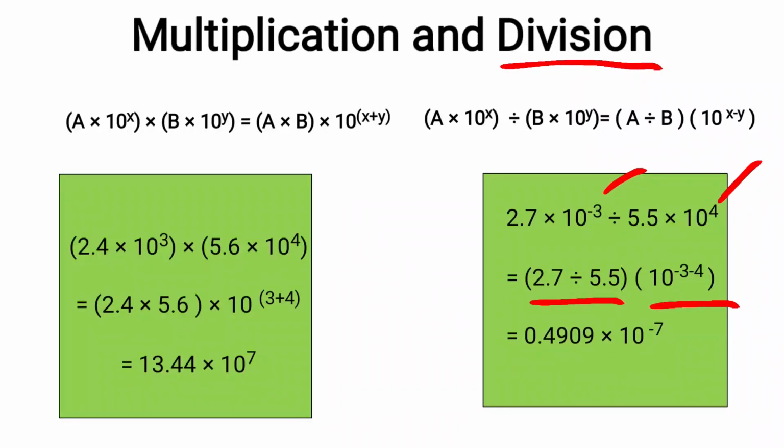The final answer obtained is 0.4909 × 10^-7. The exponent here is -7, because -3 minus 4 is nothing but -7.